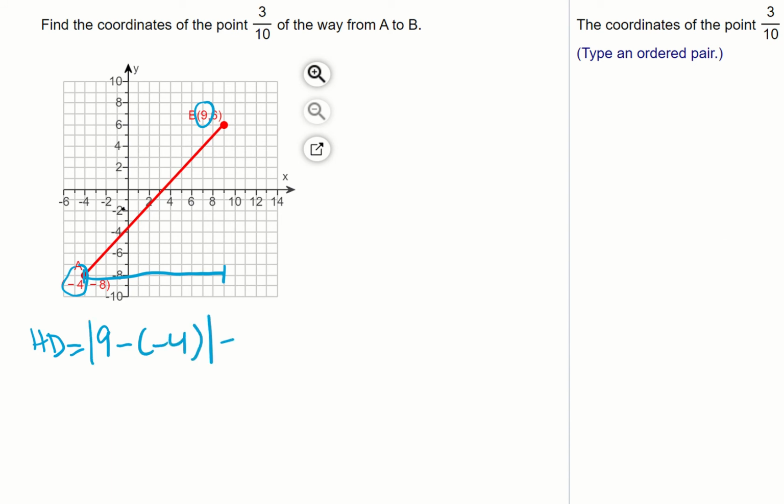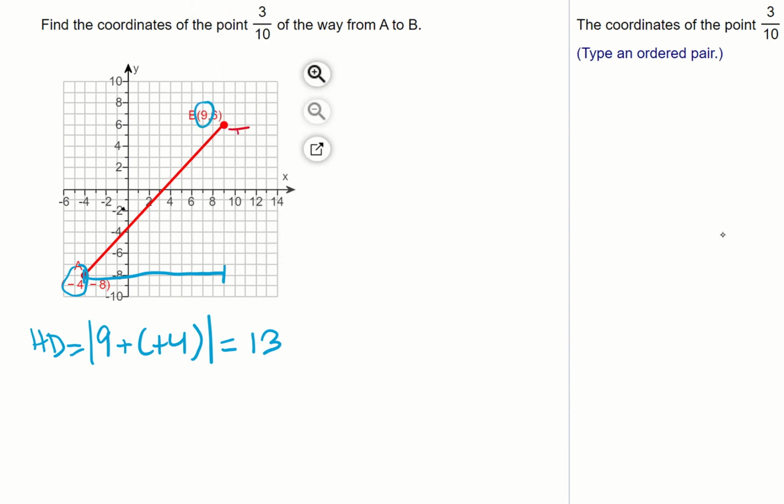So 9 minus -4 becomes a double negative, becomes a positive. So this is really 9 plus 4, which is 13. And we know that the absolute value of 13 is 13. That's my horizontal distance.